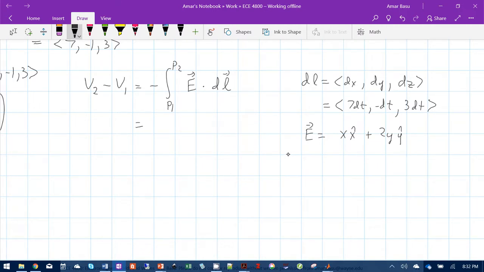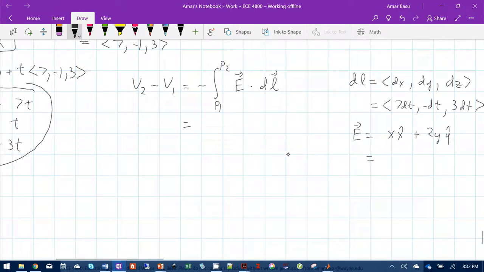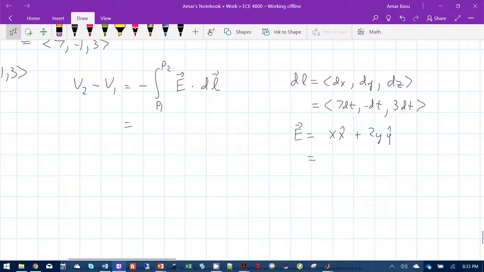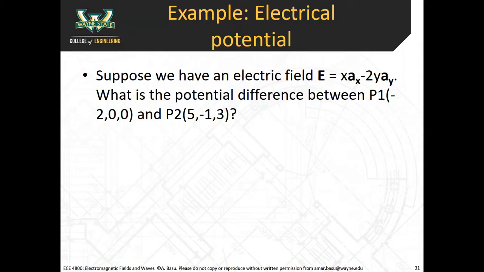When you're doing line integrals, it's a single integration, so you want everything in terms of a single variable. So our dl, we put everything in terms of t, in terms of dt. So we have to do the same thing for the electric field here. We've already defined equations for x, y, z, and also dx, dy, dz. I'm sorry? Is it minus 2y? Thank you.